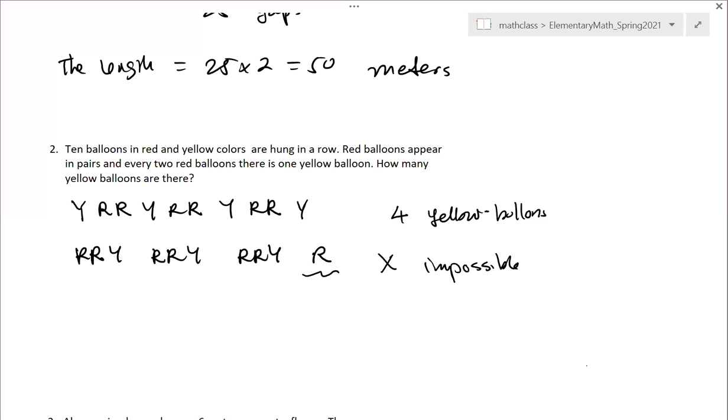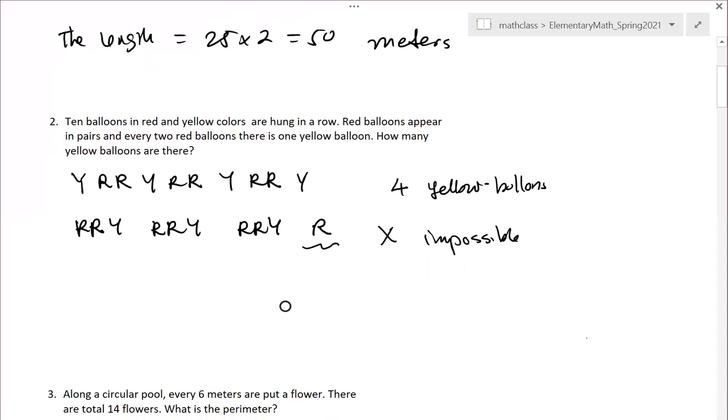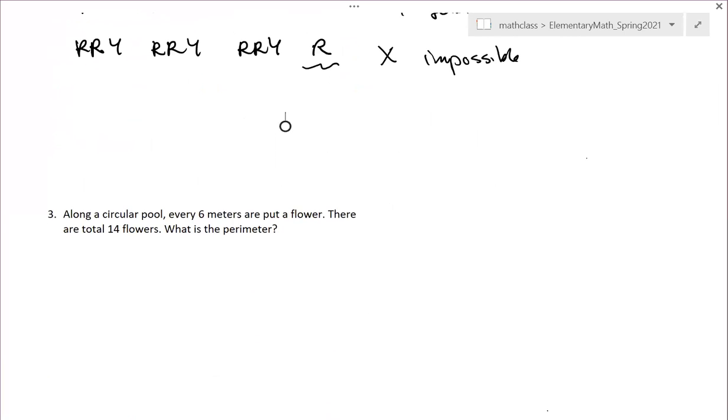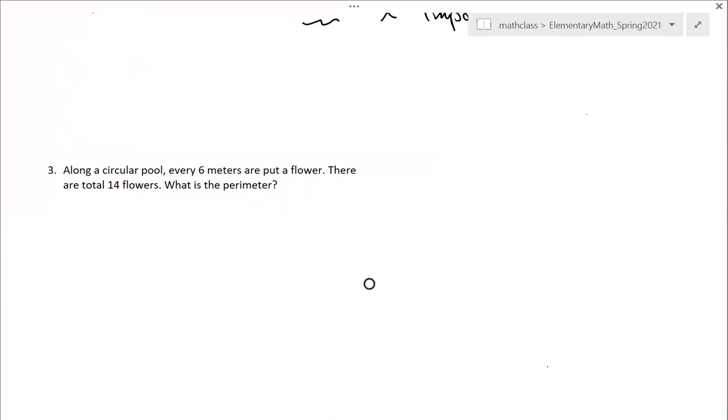All right, let's continue. We have another problem. Now this is a little bit more difficult. Okay, definitely you have to draw the picture. Along a circular pool, every 2 meters there is a flower put, and there are a total of 14 flowers.